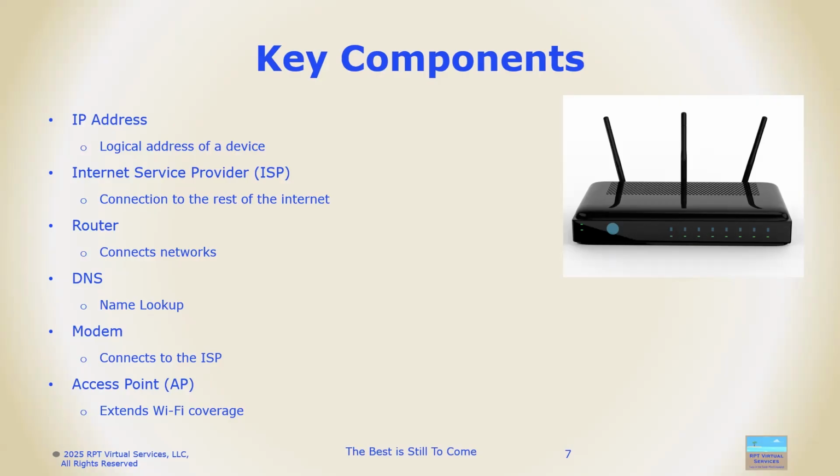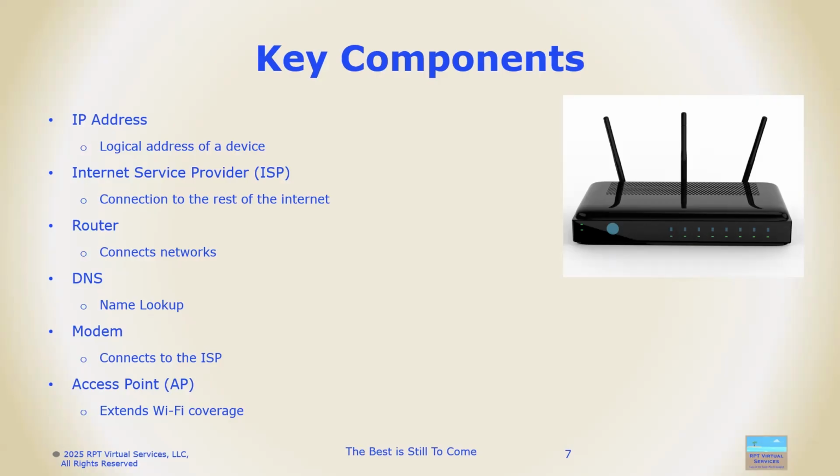There's another component we'll talk about in a little more depth, which is the DNS or name lookup. So this is how you convert addresses like www.cnn.com to an actual address. Modem is simply a device that connects to your ISP.